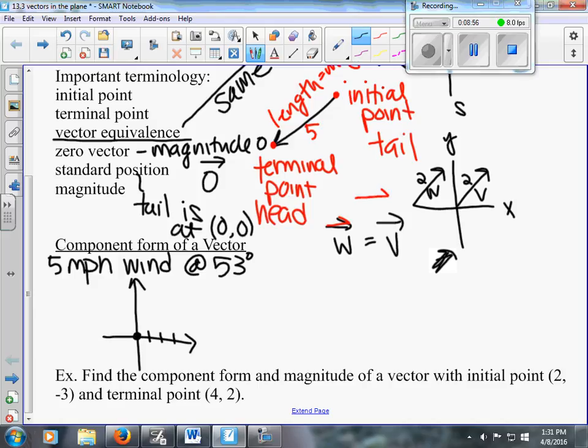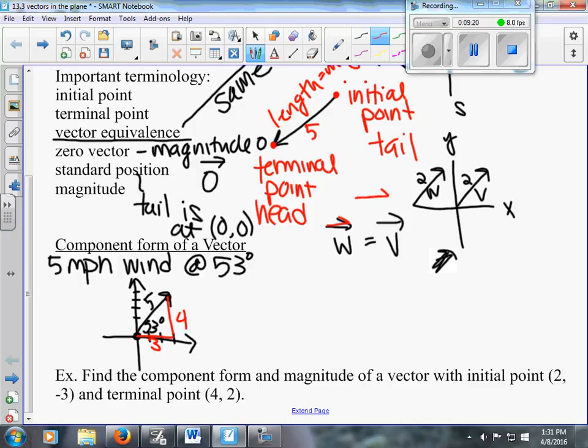The x and y components of the vector are simply the 2 legs of the right triangle. So this 5 miles per hour at 53 degrees is the same as a wind that blows you 3 miles per hour east and 4 miles per hour north.